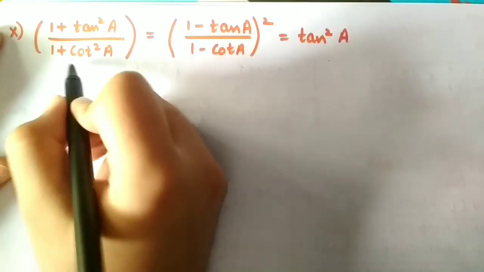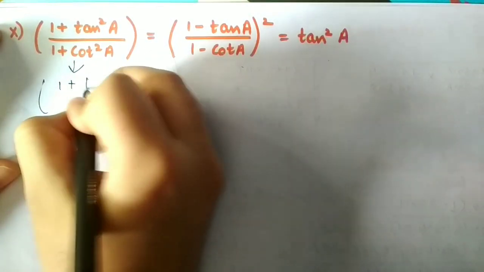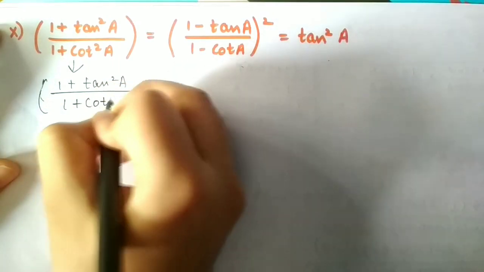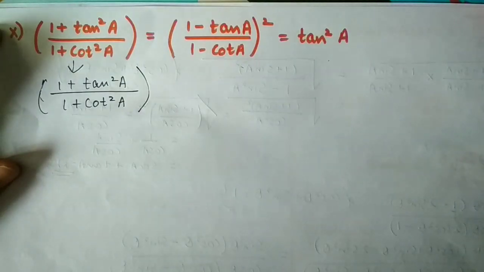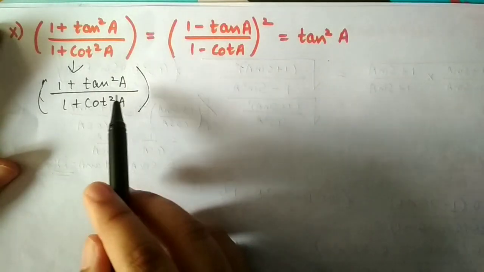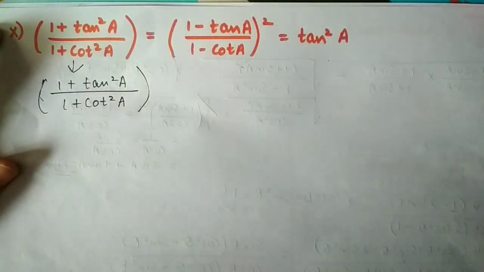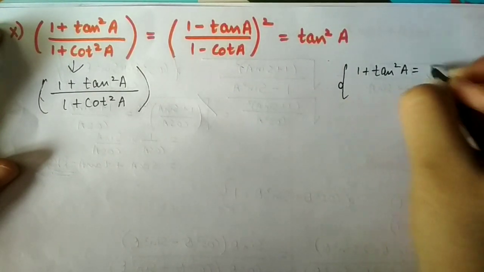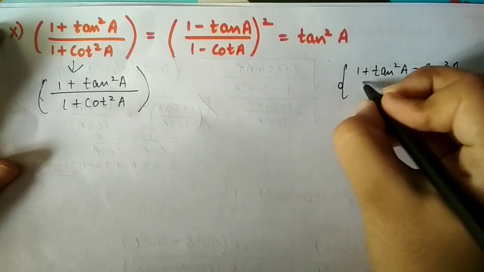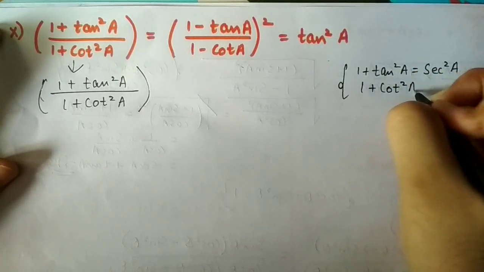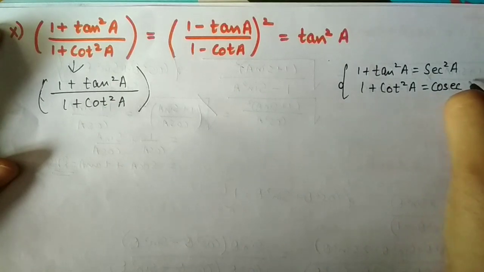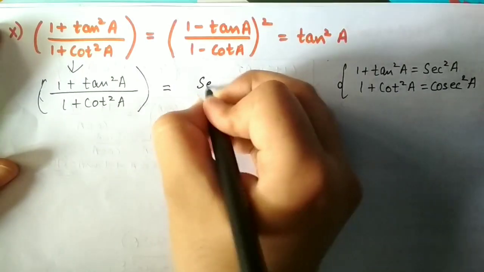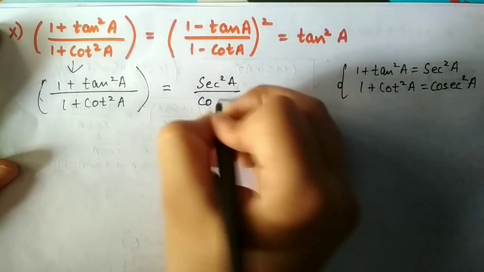So first of all take this term, 1 plus tan square A upon 1 plus cot square A. Here you are able to use the identities. 1 plus tan square A is equal to secant square A, and 1 plus cot square A is equal to cosecant square A. So write this equal to secant square A upon cosecant square A.